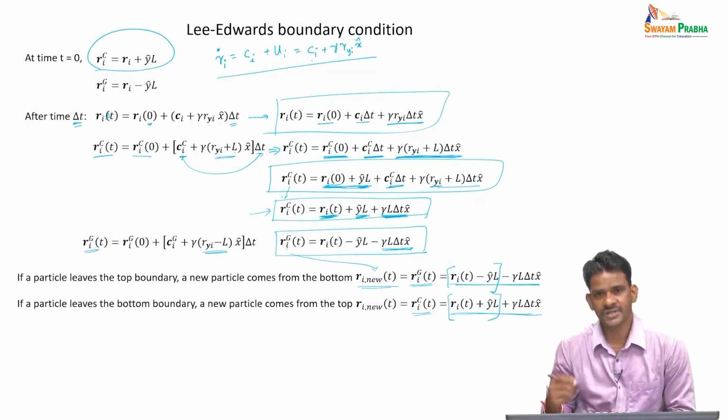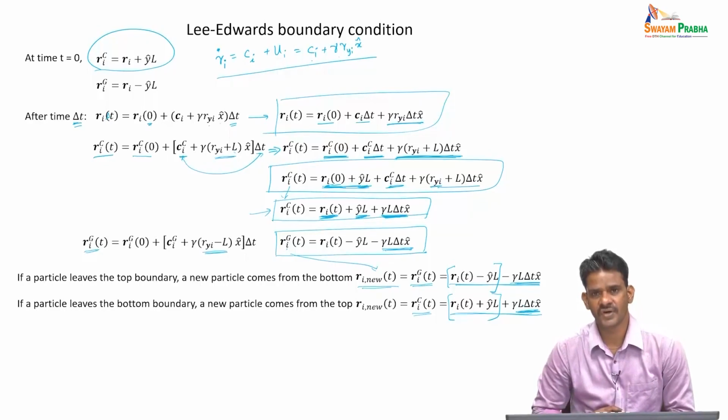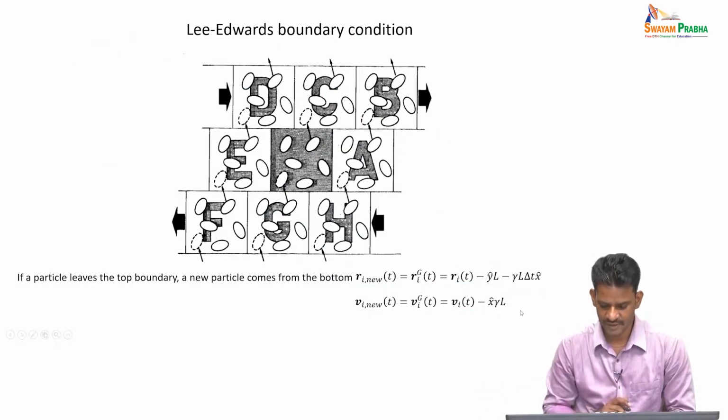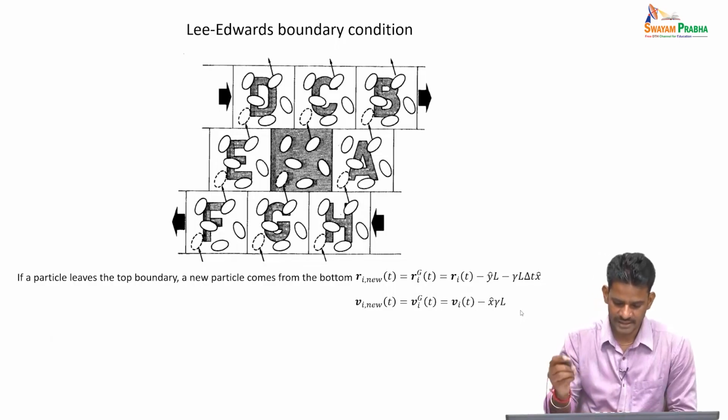But now, because of these additional shear effects and streaming velocities, we also have to change the x component of the positions accordingly. This is shown pictorially in this plot.